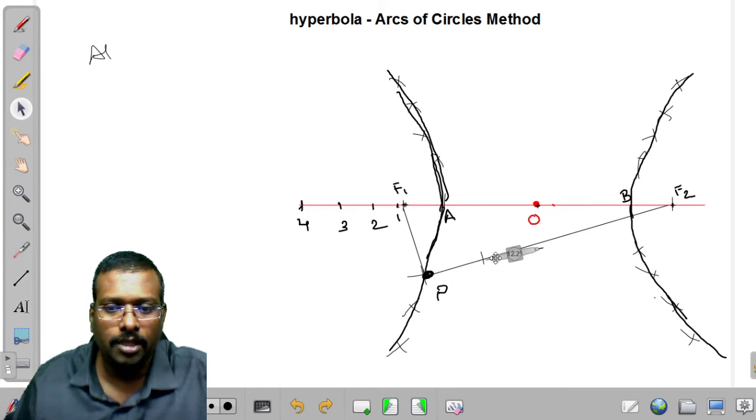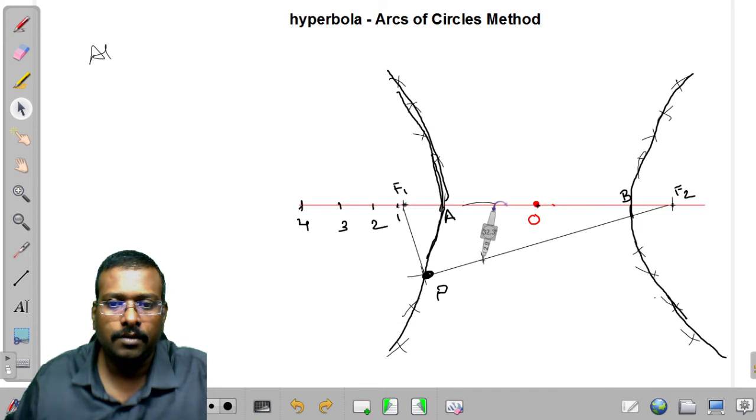Now take these 2 points as centers. Draw the arcs here, one arc here. Another arc, because that arc is missed here. Now I will draw that one also.